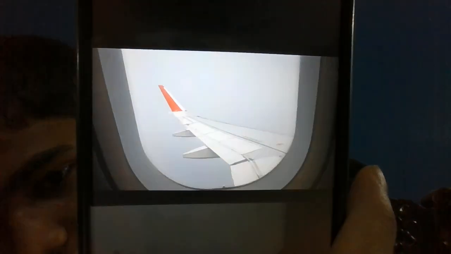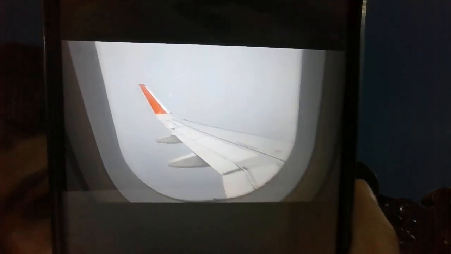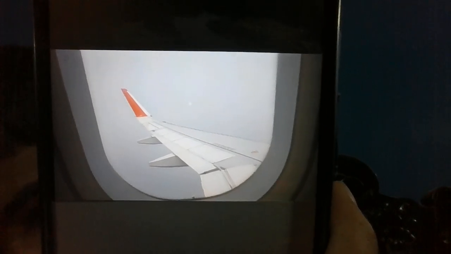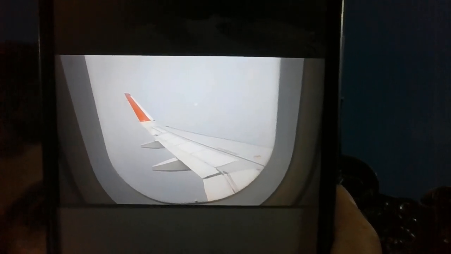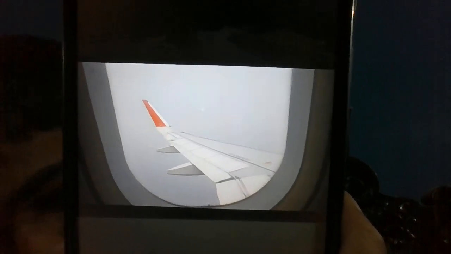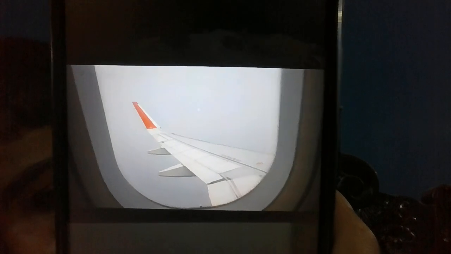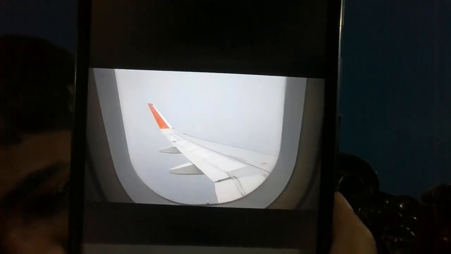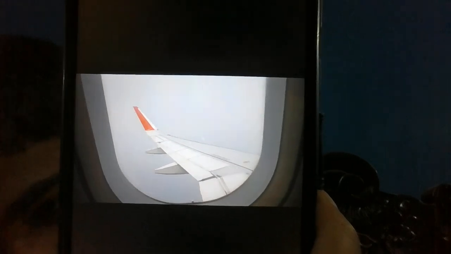So that is the hole we're discussing. I'm gonna bring the phone a little bit closer, and that is the photo of the left wing at 39,000 feet. Even though it looks like the right wing, it's the left wing. So it's lateral inversion. Now that small hole is the topic we're gonna be discussing.